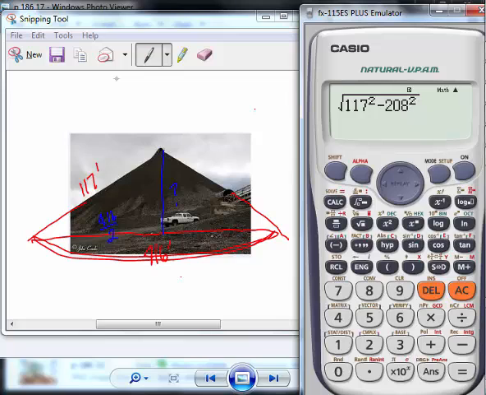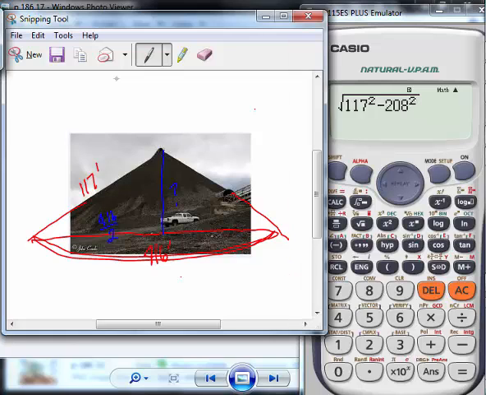Oh, I see what the problem is. It's not 416 feet. It must have been 208 before. Sorry about that. So this distance here is already 208. So this would be 104. Sorry.